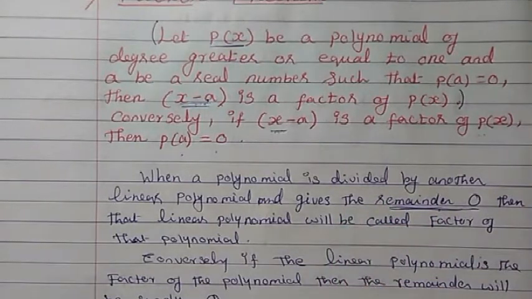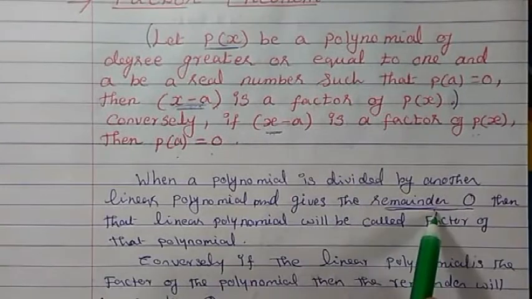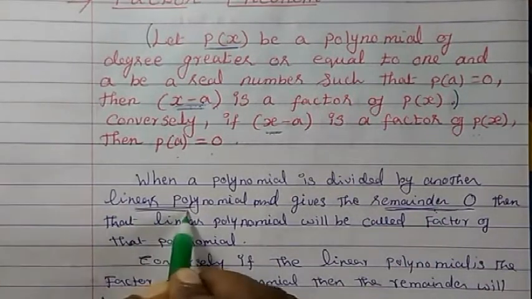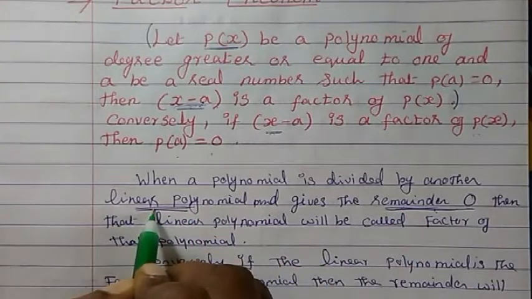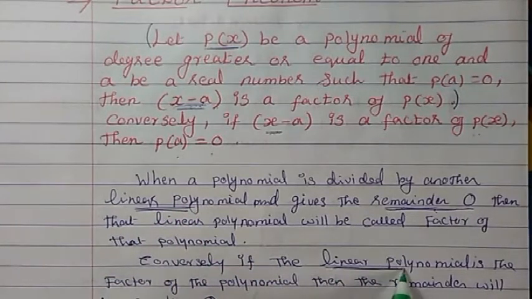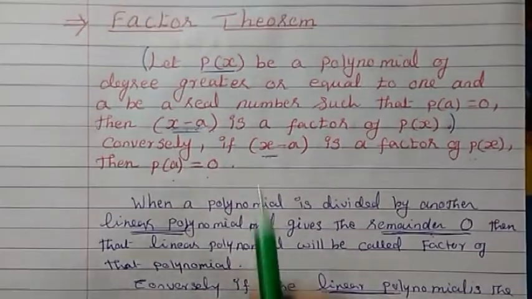Now the second part, if that is a factor, then the remainder will be 0. I hope you are understanding. So if we get remainder 0, then we call the linear polynomial a factor. And if this is a factor, then surely we will get remainder as 0. So that's what the factor theorem says.